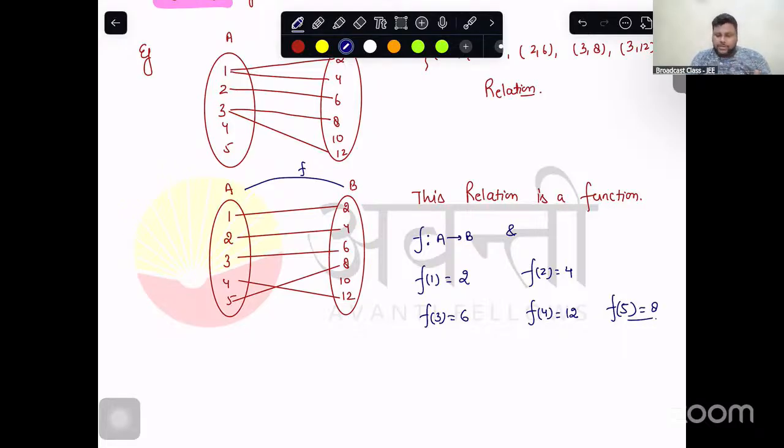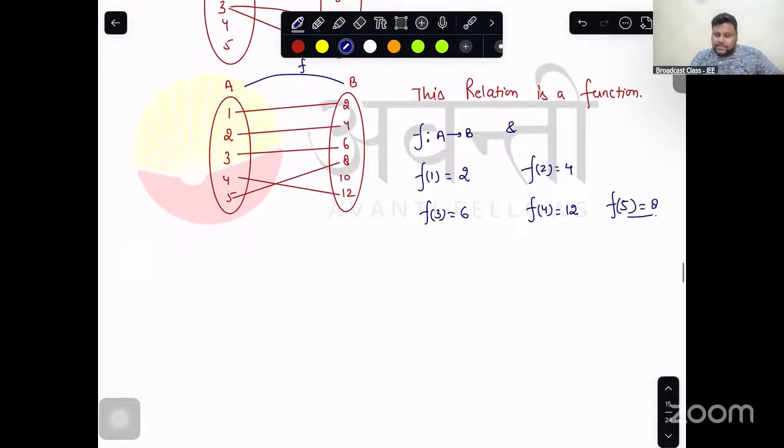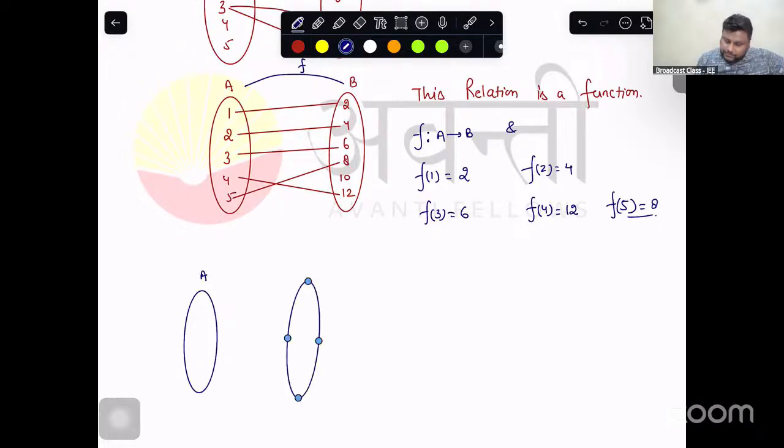Got it? So image of 1 is 2, 2 is 4, 3 is 6, 4 is 12, 5 is 8. Got it? Now, what kind of mappings are not functions? Say this is set A. This is B. 1, 2, 3, 4, 5, and 2, 4, 6, 8, 10, 12.